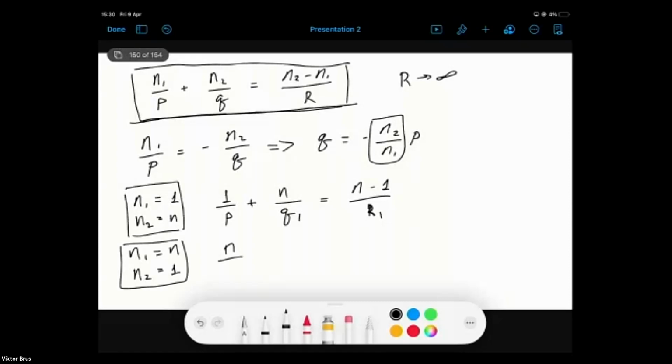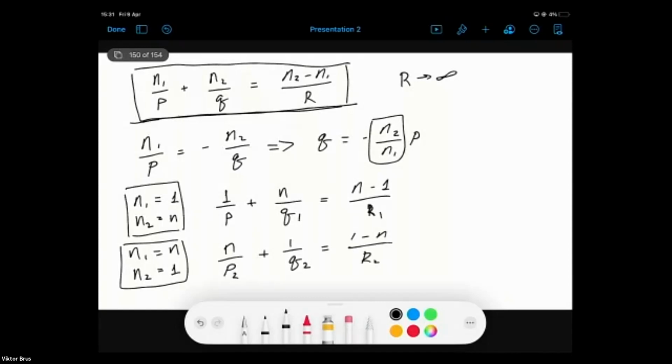Then we have this equation for the image formation by refraction for the second surface: N divided by P2, which is the distance from the image of the object formed by the first surface, plus 1 over Q2, the distance from the second surface to the final image we are interested in, formed by two surfaces of the lens, equal to 1 minus N divided by R2.